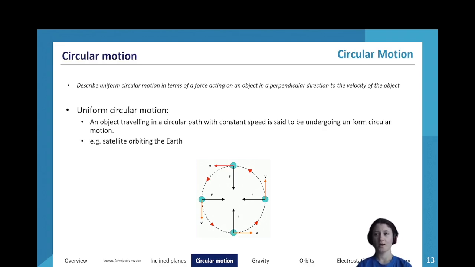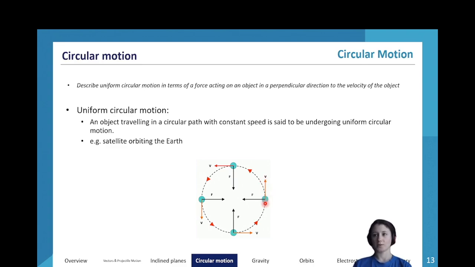So, have a look at the diagram that we have down below. Those little orange arrows on the dotted lines represent the direction of the object, and this blue ball is the object. What you might notice is that the orange vector, velocity, is always acting tangentially to the dotted line.